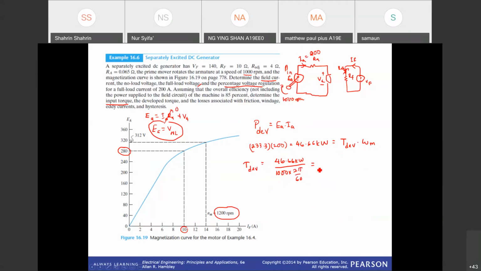This will give you the answer of 446 Newton meter. So we have answered this question.